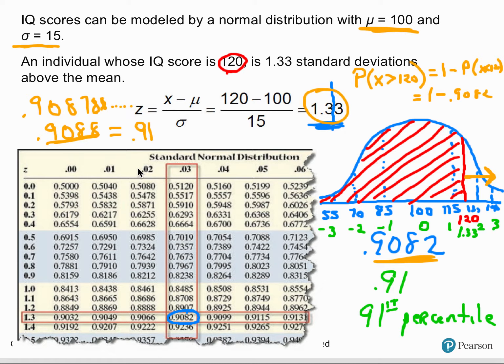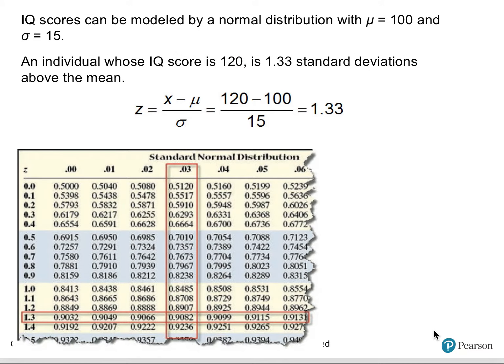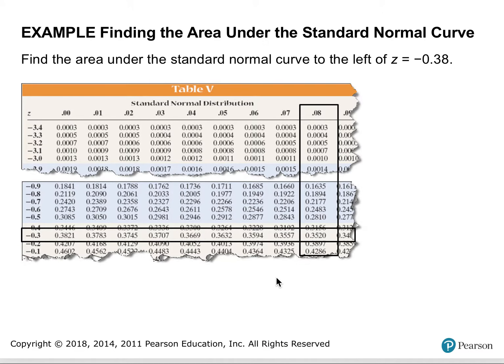Okay, so let's look at that a little more. Find the area under the standard normal curve to the left of z equals, I can't use my calculator on this one, so I have to know the table too. I can't use my calculator, it's just giving me z. To use my calculator, I have to know my mean and my standard deviation. So I want the area to the left when z is negative 0.38.